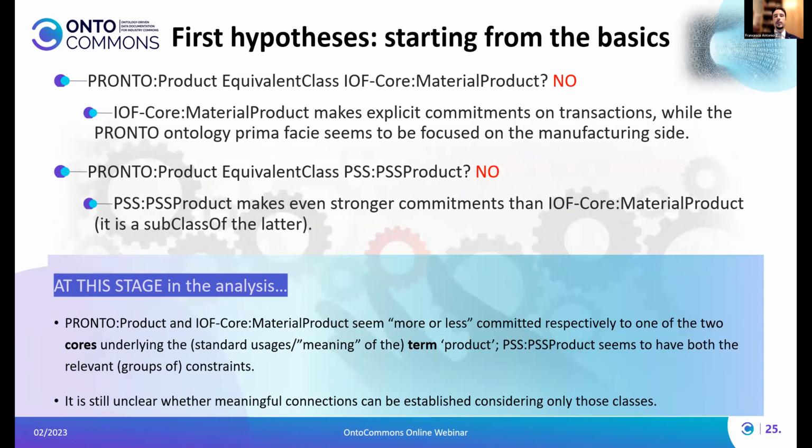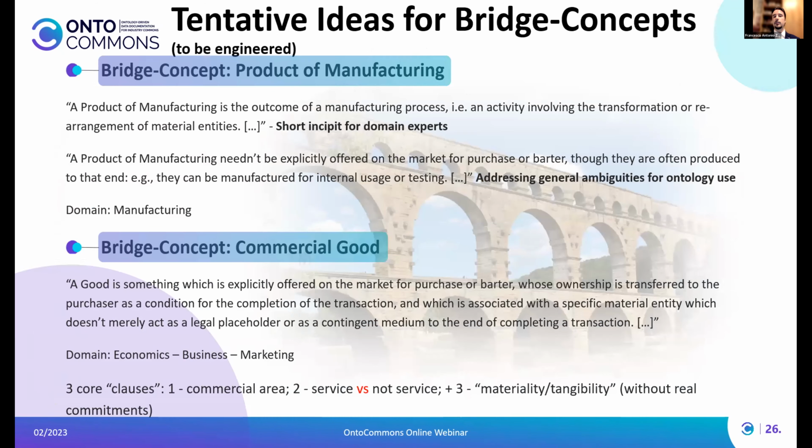That leads to the formulation of some hypotheses, and we obviously start from the simplest cases. And from these hypotheses of alignment, we create a list of bridge concepts, or tentative bridge concepts, which could be made to be an effective bridge concept, depending on the outcome of whether the hypothesis is found to be correct or not.